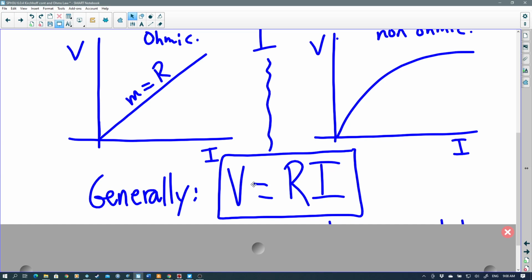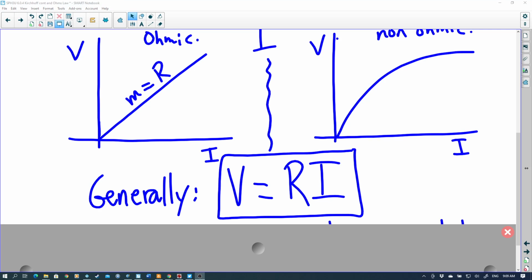And what we discovered is the equation that relates voltage, resistance, and current is V is equal to Ri. So what this means is your resistance is usually a set number. So let's say your resistance was 10.